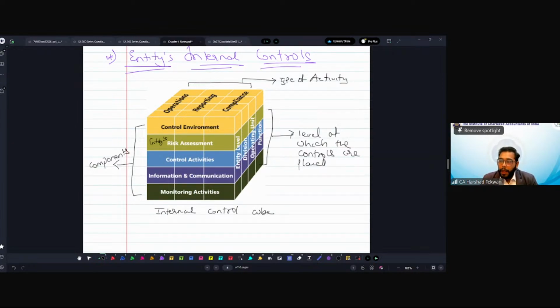No, I'll tell you. So sometimes what happens, let's say for example, authorization for access to computer programs and data files. Basically, let's say you understand a server scenario. Server is there. Now, if an employee is sitting separately, for him to access the server, it will be IT control.